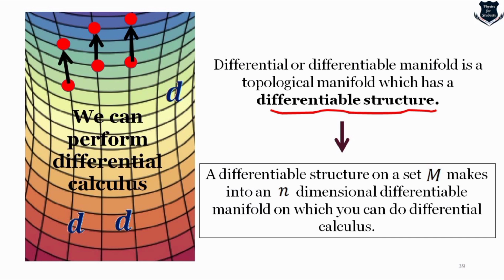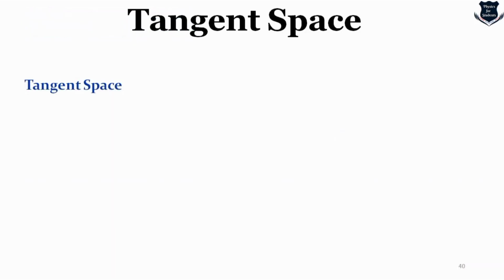So a differentiable manifold is something which has a differentiable structure, and a differentiable structure is a set, say M, which is n-dimensional and on which we can do differential calculus. That is pretty simple and straightforward.